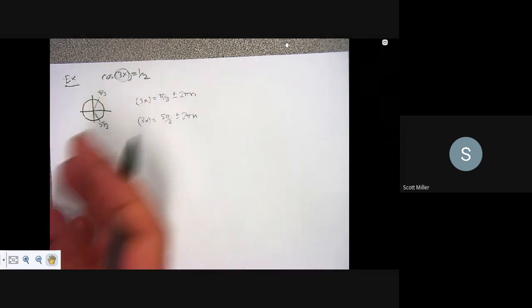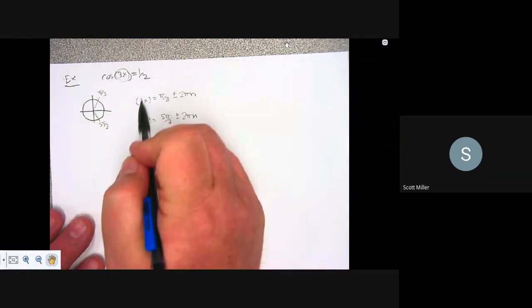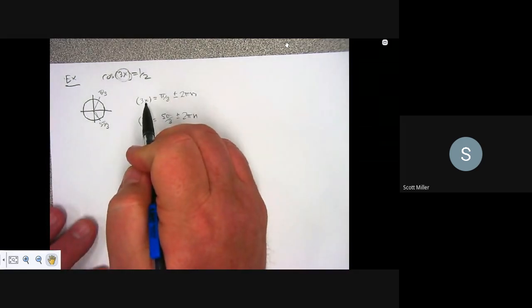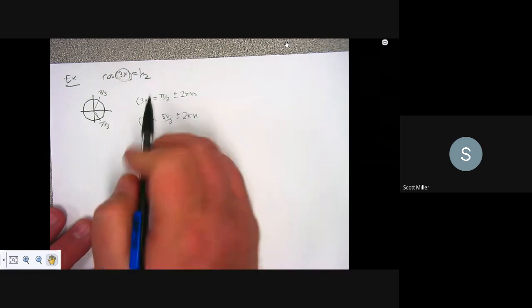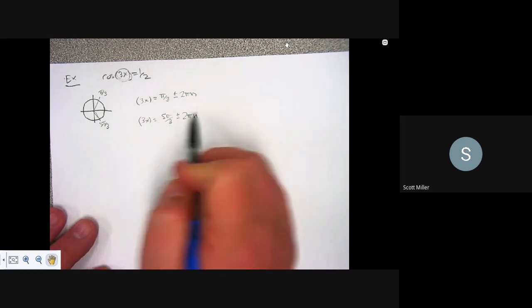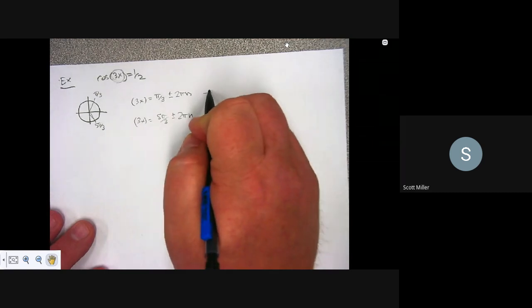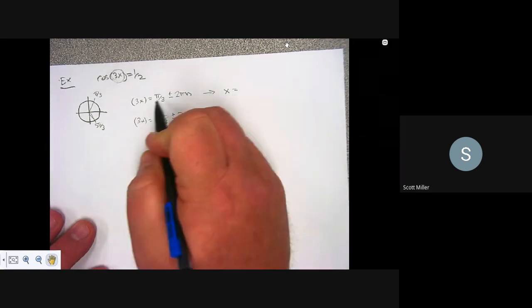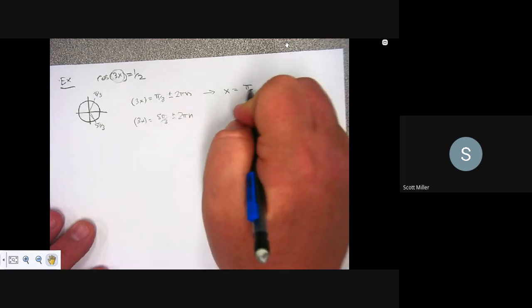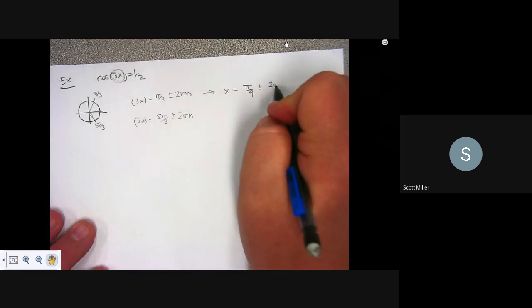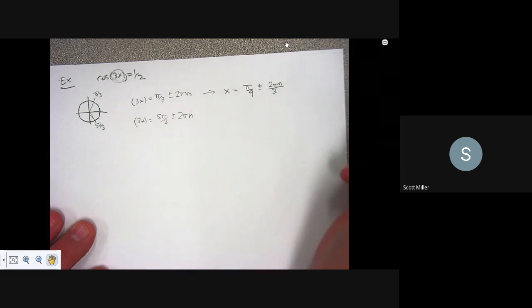So everything is exactly the same. The only difference here is this is not an x, it's a 3x, because that's the angle we were given. But I don't want 3 x's, I want to know what x is. I'm solving for x. So very easily, I'm just going to divide everything by 3. When I do that, each of these becomes x equals, that divided by 3 is pi over 9, and this divided by 3 is 2 pi over 3 n, or 2 pi n divided by 3.